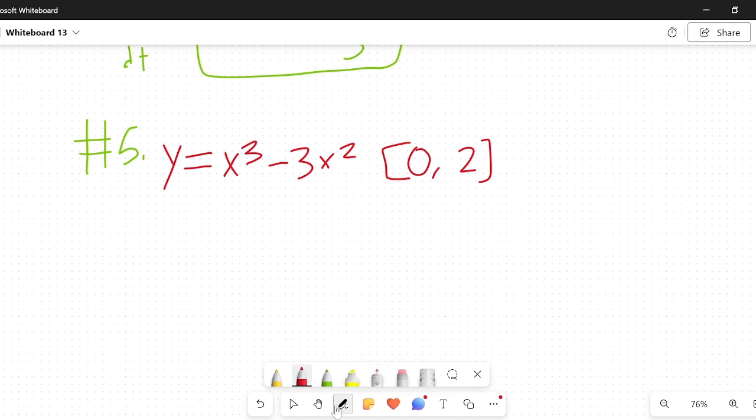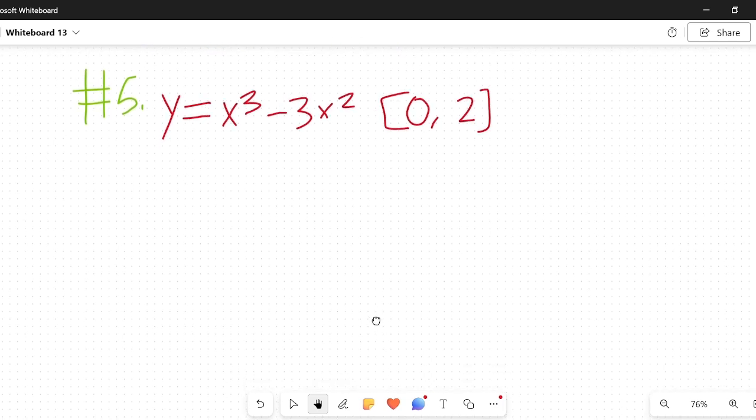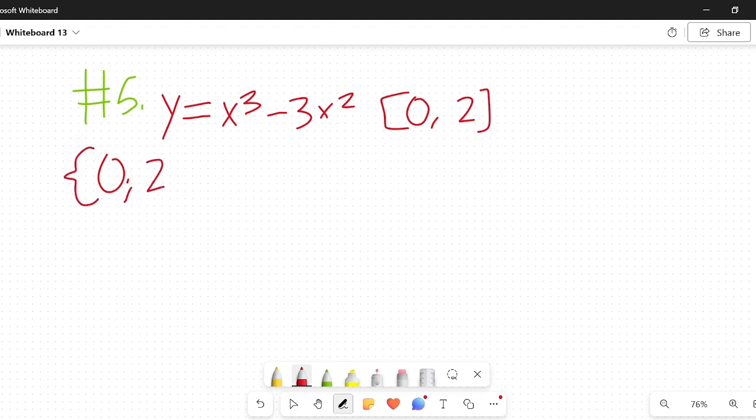So let's start by finding our critical numbers. Our critical numbers can be 0 or 2, so 0 and 2 are already in the set. Essentially, we'll start by making the set, something like so. And now we must see where the derivative equals 0, so where y prime equals 0.